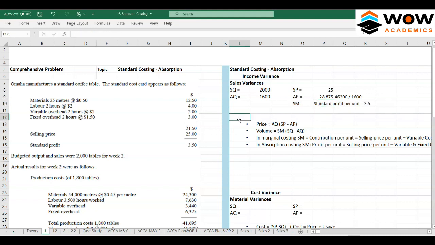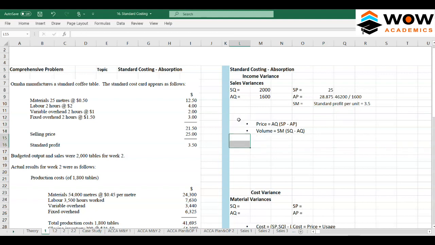Now we have to work out the ratios. We already have it here, so we can work out directly here. We need AQ, which is 1600, into SP minus AP. SP is 25 and AP is 28.875.